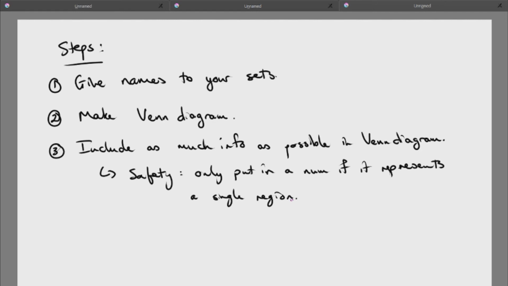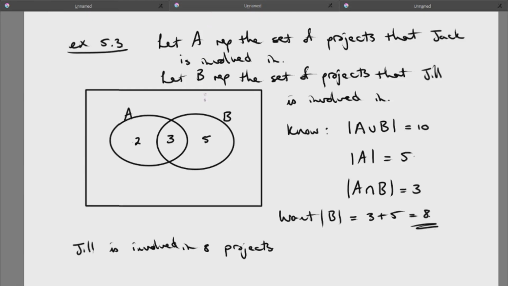This I've seen repeatedly. People don't follow that safety rule, mistakes will happen. You don't know where, you don't know when, probably in a test. It happens all the time. But if you follow that rule, you're safe from that mistake. Just like for the Jack and Jill question, I had numbers early.